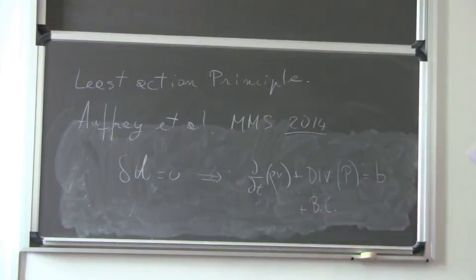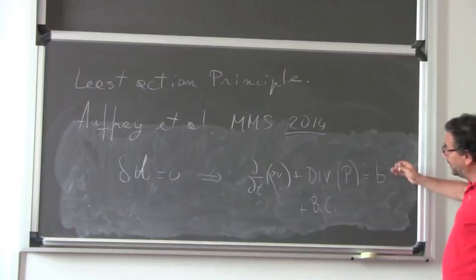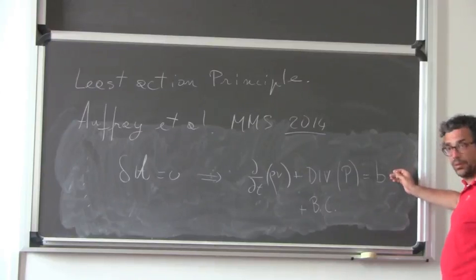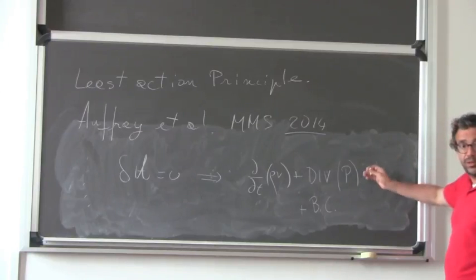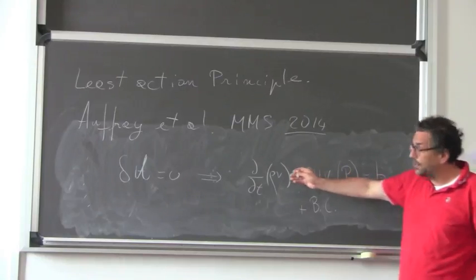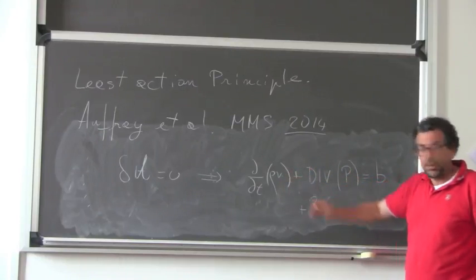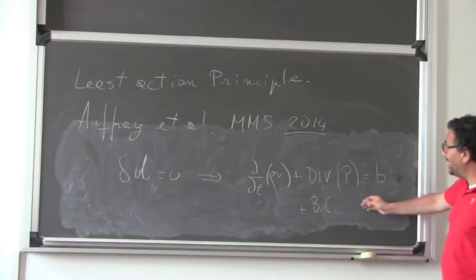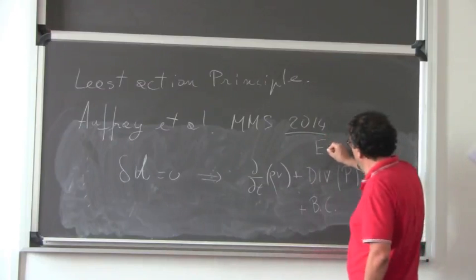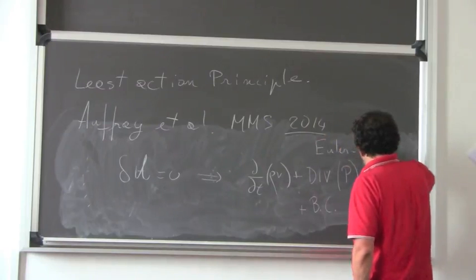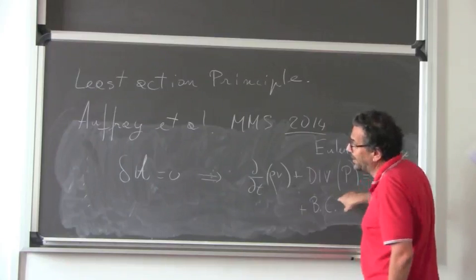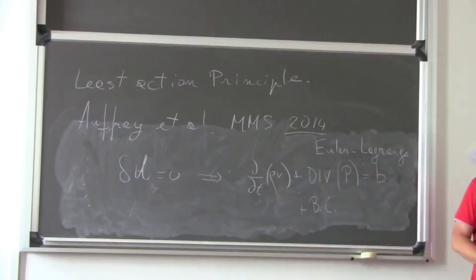So you will find the balance equation for force in the Lagrangian configuration, including inertia terms, plus the relative boundary conditions. These are the Euler Lagrange conditions which are relative to the action for a first gradient continuum.